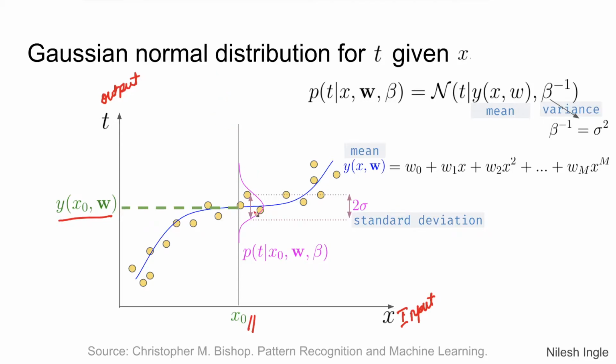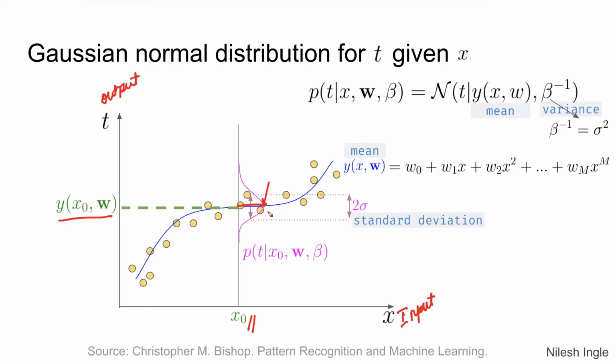Of course, the most likely value would be right here, at the highest point in this distribution curve, and that is generally the mean of the output distribution.